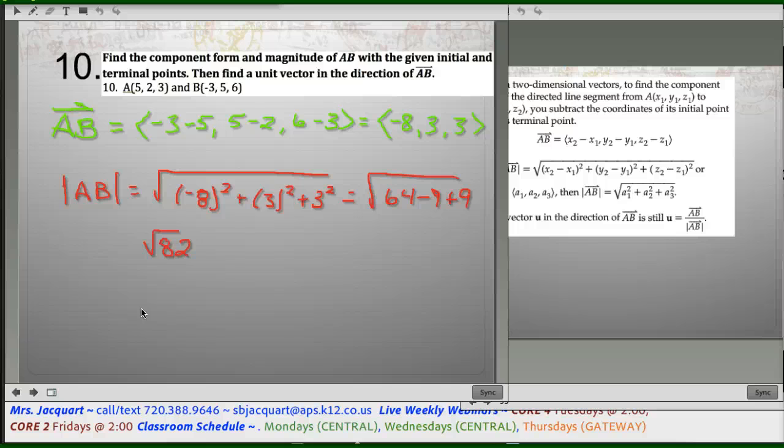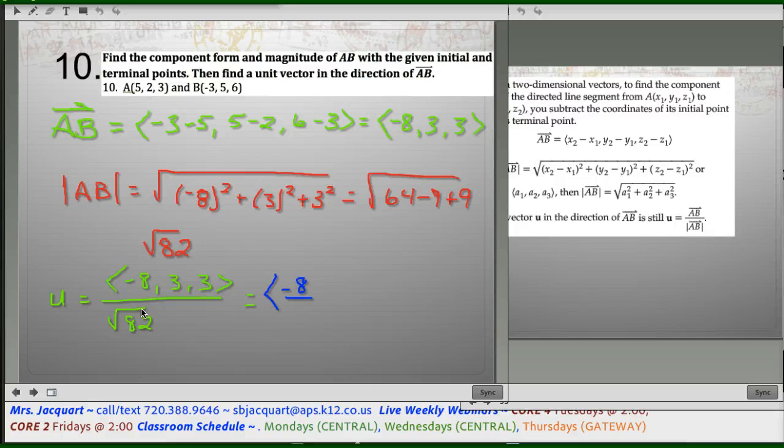All right, so how do we find the unit vector? We're going to take negative 8, comma 3, comma 3, all over square root 82. So what that equals, we're going to rationalize the denominators.